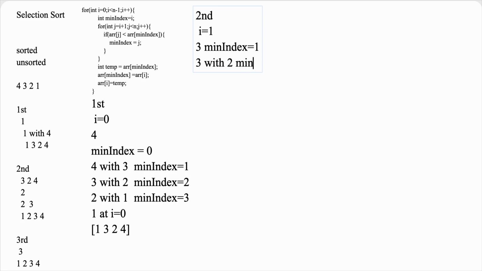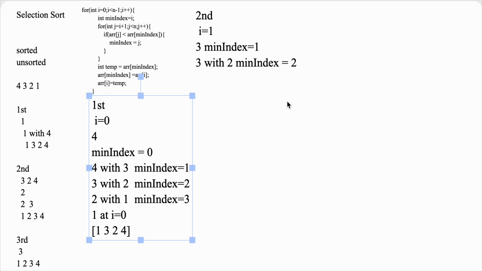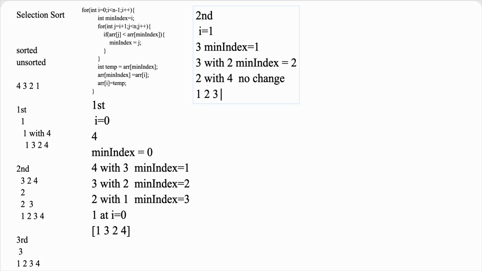Now we compare that 2 with 4. Here I will compare 2 with the 4. No change. So our final array is 1 2 3 4.